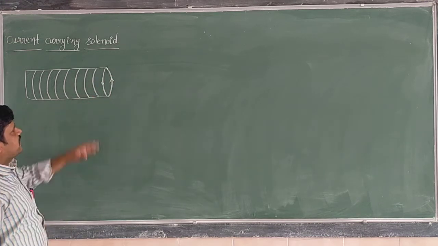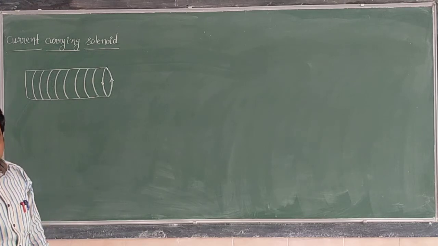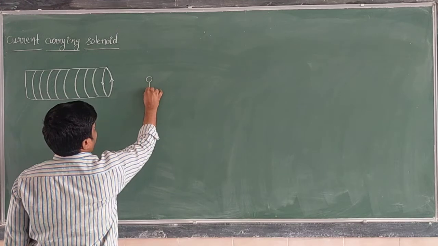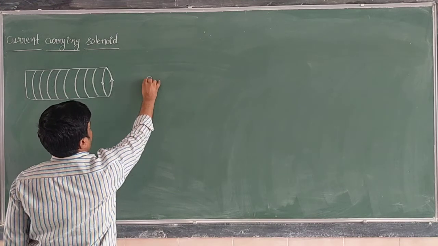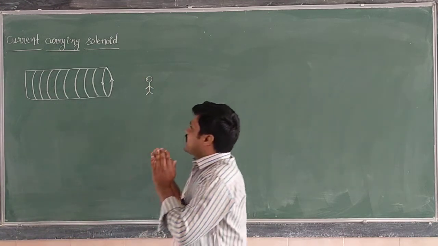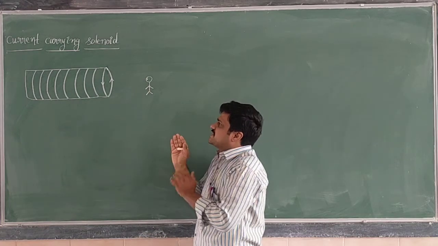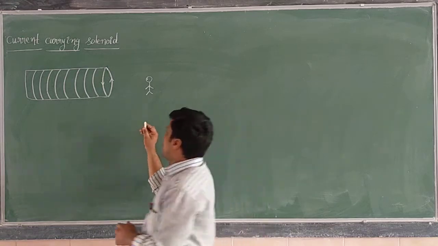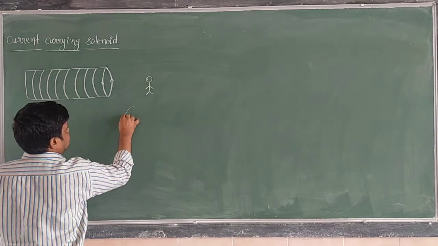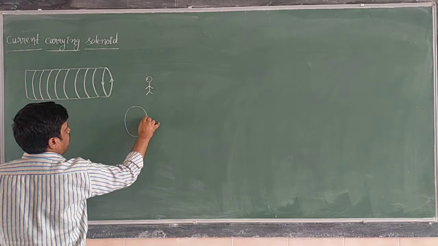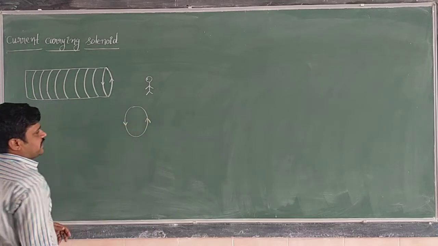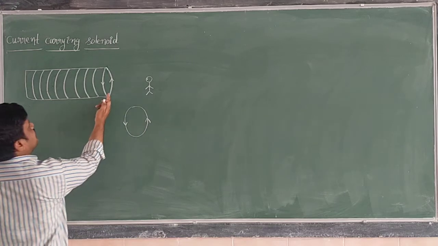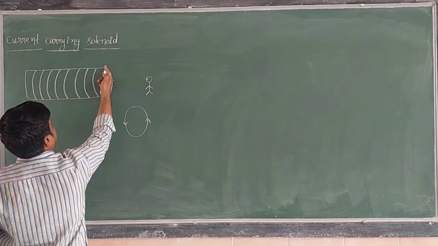From here, one observer is observing this solenoid. For him, how does the current in the coil appear? In an anti-clockwise manner. That means current is flowing like this.